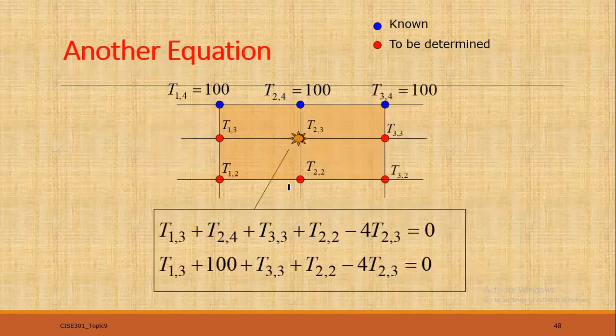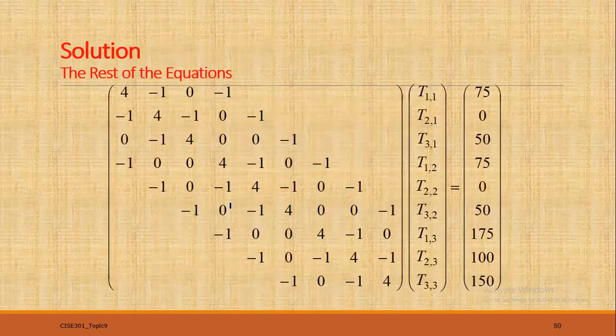With a similar procedure, we get the second equation. Then all the other equations we define and write in matrix form. The first equation is 4T11 − T21 − T01 − T12 = 75.